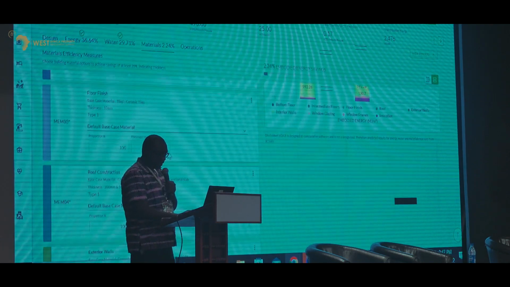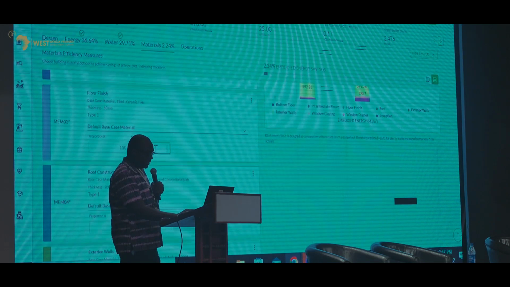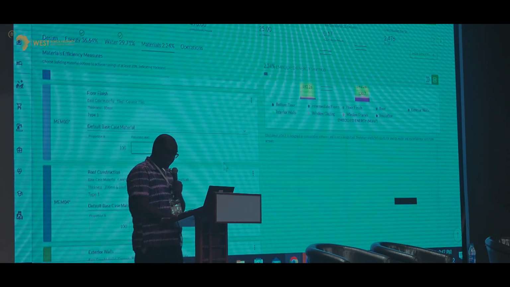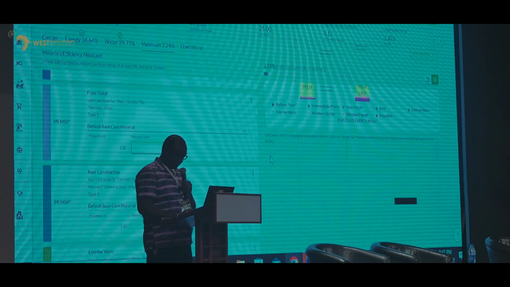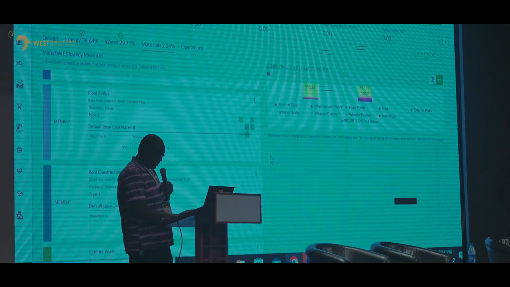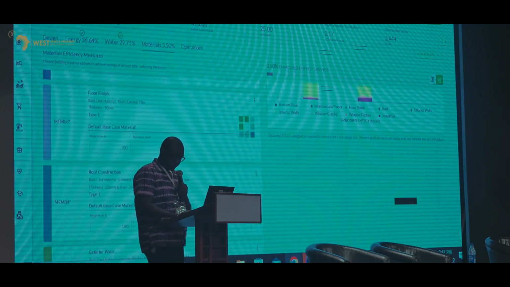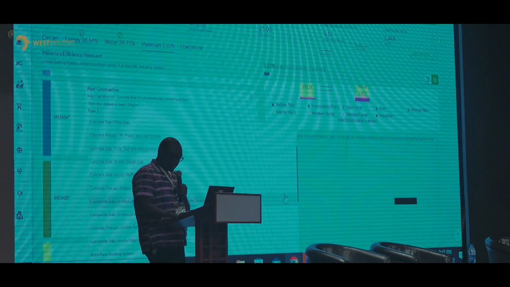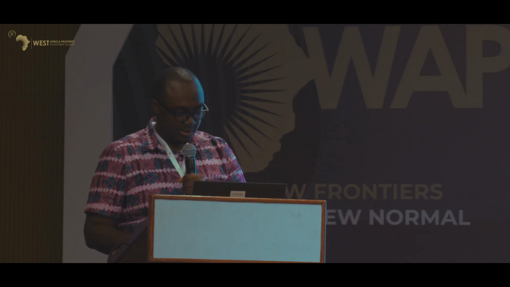Then for the floor finish, we estimated that it should definitely be ceramic tiles with a thickness of 8 mm. Then the roof construction, we said it to be aluminum sheet on timber rafters. Then the gauge of the aluminum, maybe 0.5.